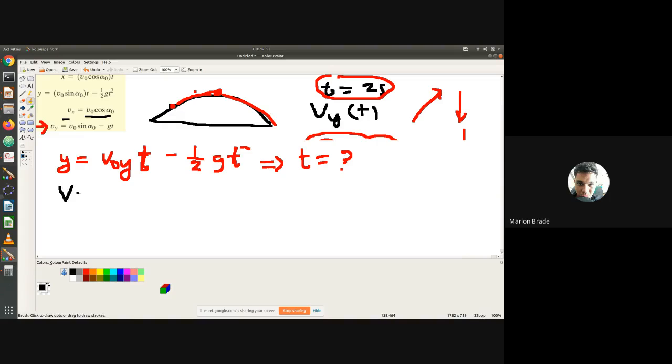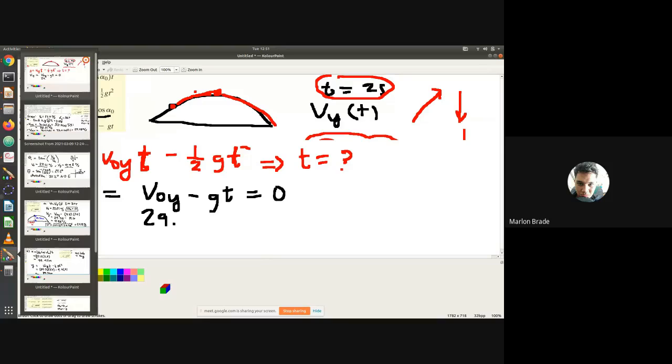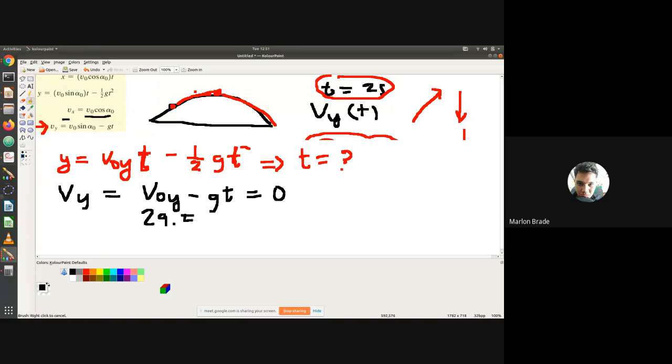The fourth equation says vy equals v naught y minus gt. Now we find t when vy equals 0. Vy equals 0 suggests that the ball is at the highest point. So 0 equals 29.58 minus gt, so 29.58 equals gt.